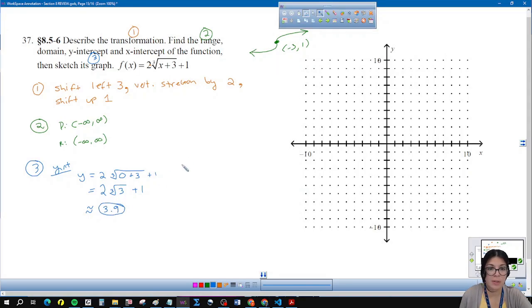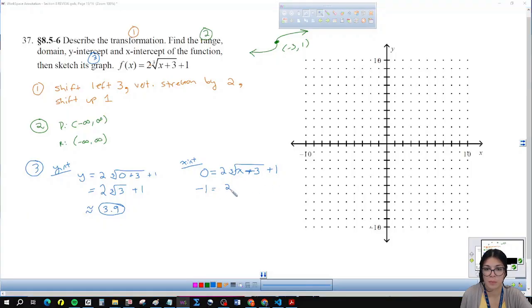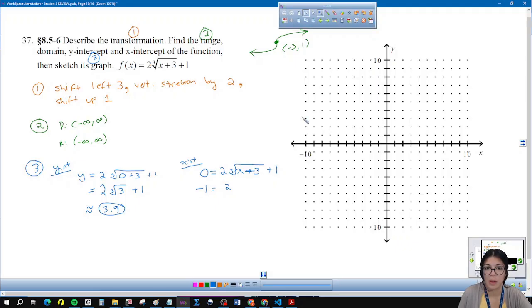For the x-intercept, we're going to do the reverse. We're going to set y to equal 0, and solve for x. So to solve for x, I do need to first subtract 1. And the 2 that's multiplying in front, I need to get rid of that next, so I will divide by 2.